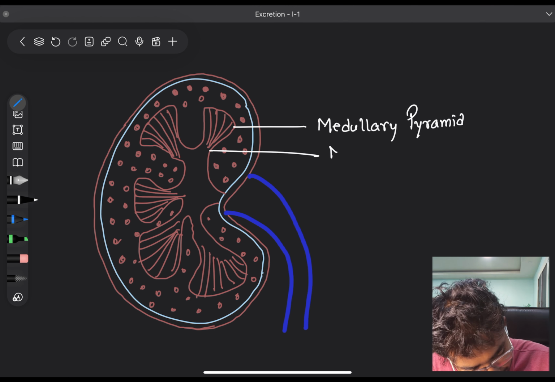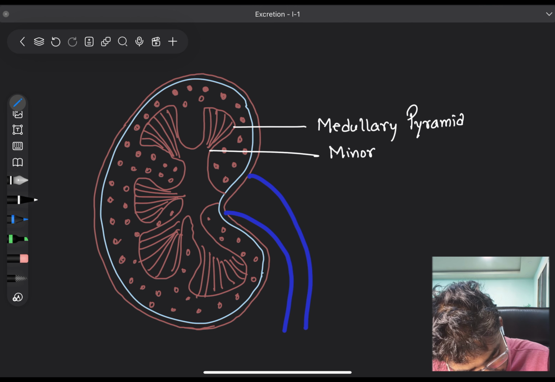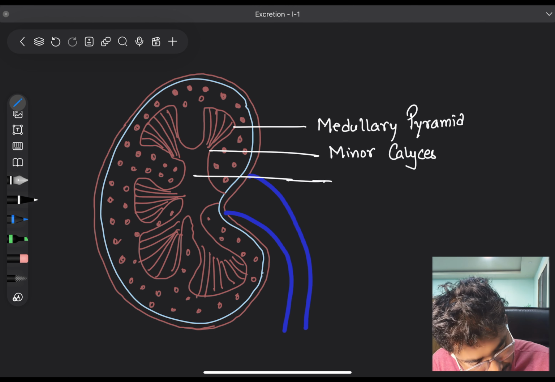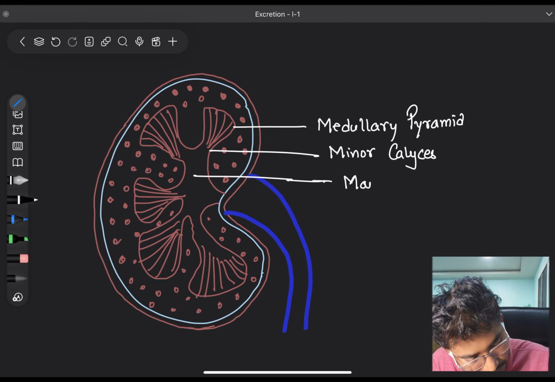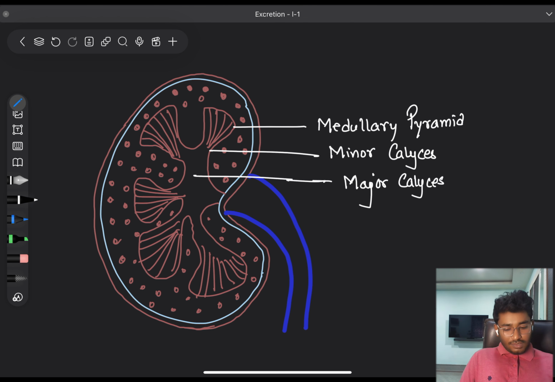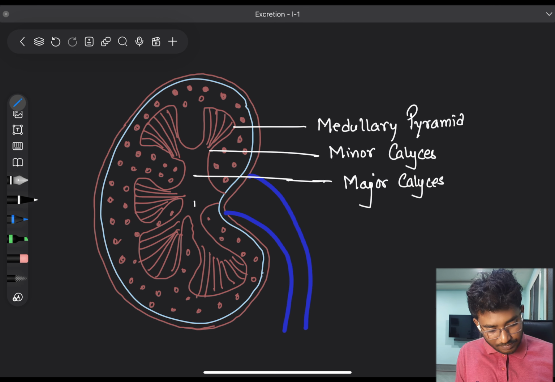These are the minor calyces. These are the major calyces. Minor calyces, major calyces.